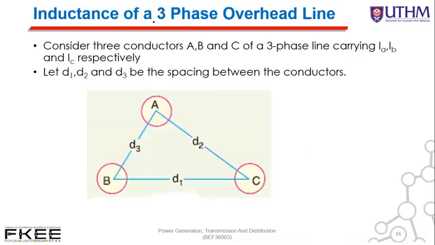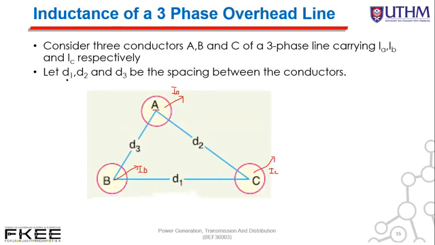Now we see the inductance of a three-phase overhead line. Consider three conductors, A, B, C, of the three-phase line carrying IA, IB, and IC respectively. Conductor A carries a current IA, conductor B carries a current IB, and conductor C carries a current IC.